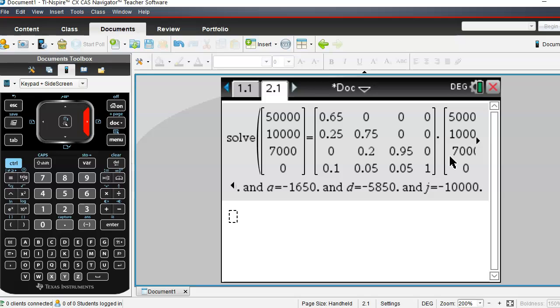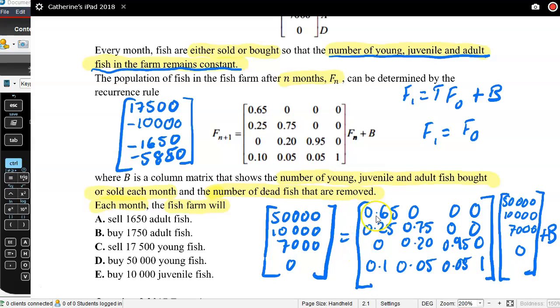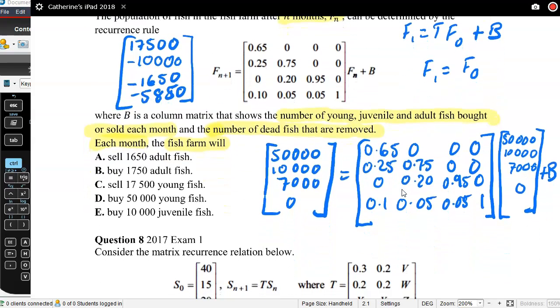The other way I could have done this is coming back here, multiplying these two together. I'll write it here. F1 equals transition F0 plus B, and because we're solving for B, I would take this from both sides.